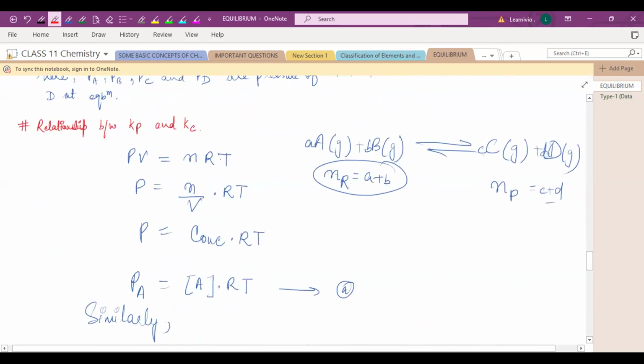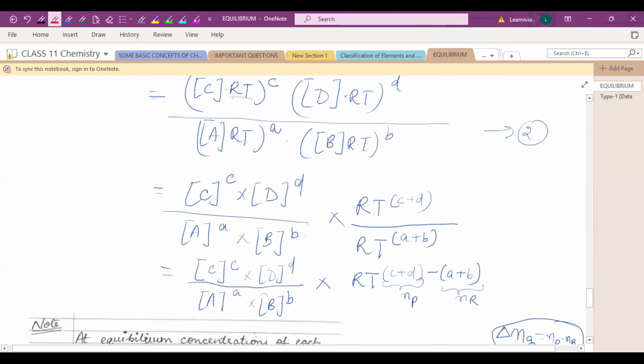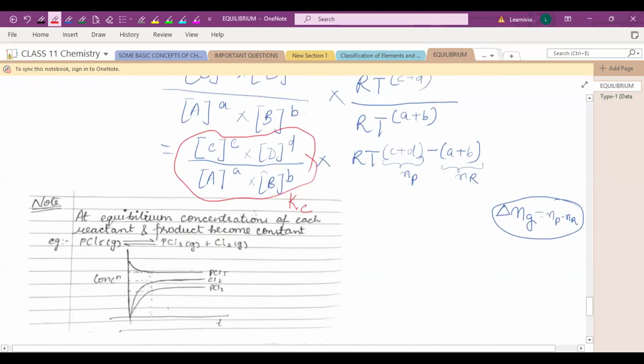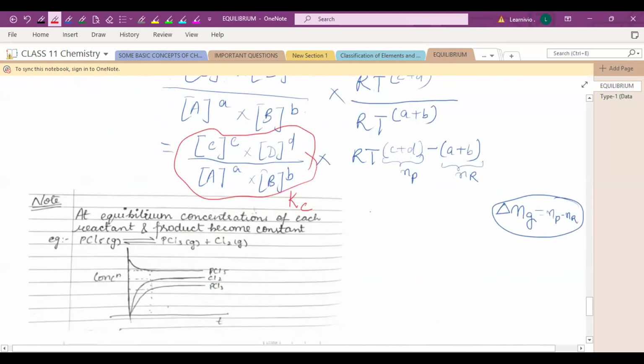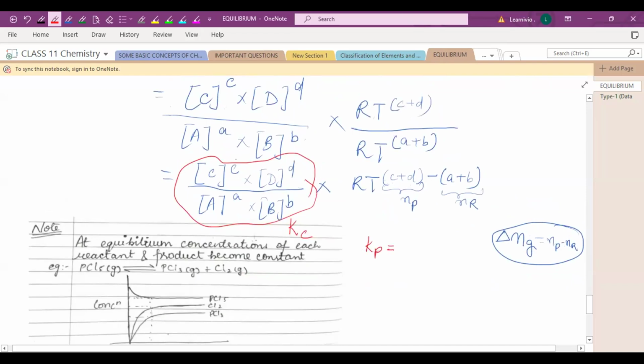So can we substitute this equilibrium equation by Kc? We can. This whole thing is Kc, right? So I'm just continuing here. Okay, I'm writing. So Kp is equal to this whole thing. You will just replace this by Kc because this is an equilibrium equation.